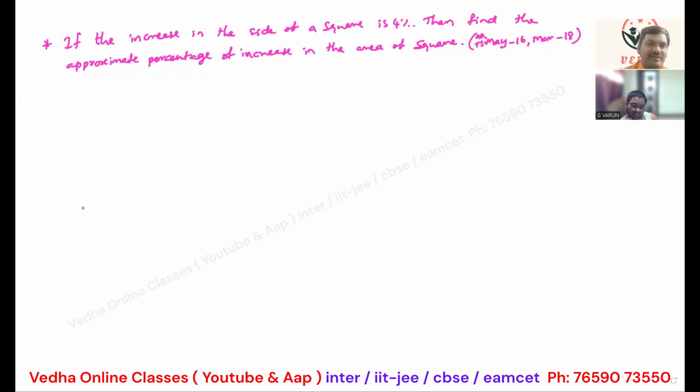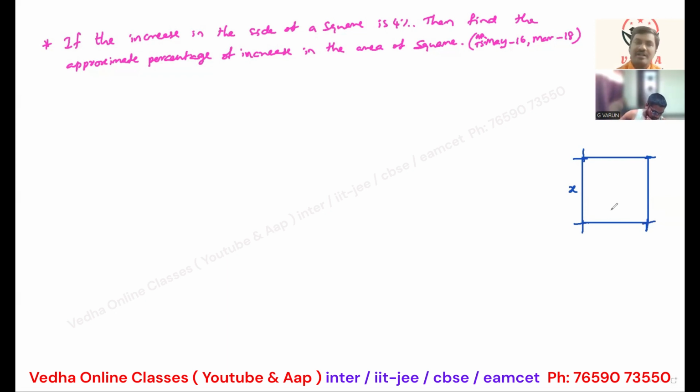So what is given here? If the increase in the side of a square is 4%, one side. So what is a square? If you consider the side of a square as x centimeters, the increasing side is 4%. This side 4%, this side 4%, like that the square is increasing.